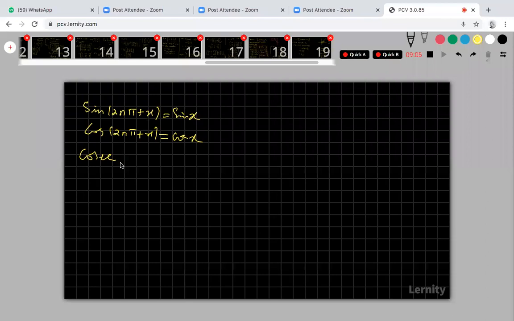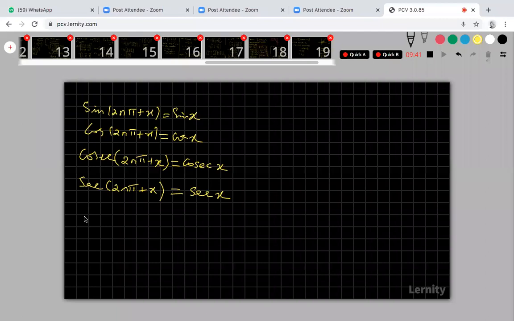Cosecant of 2n pi plus x is equal to cosecant x. Secant of 2n pi plus x is equal to secant x.